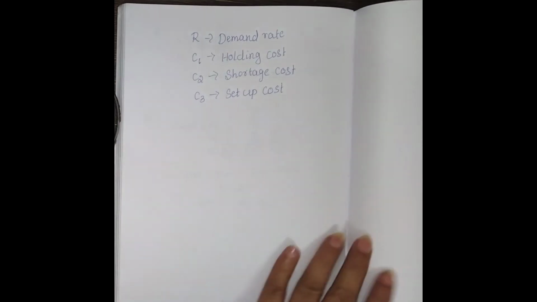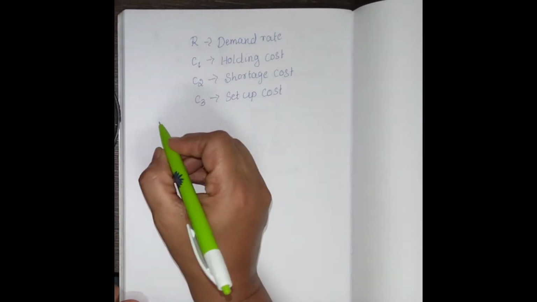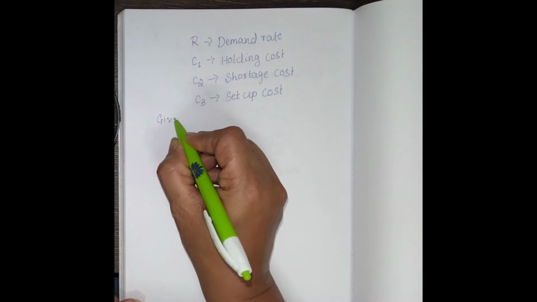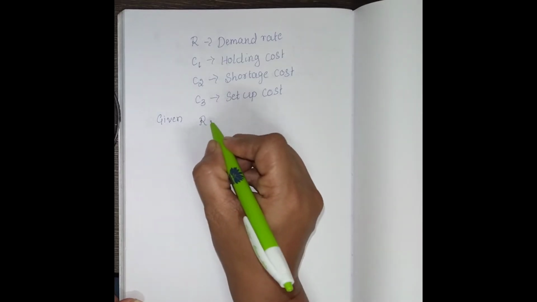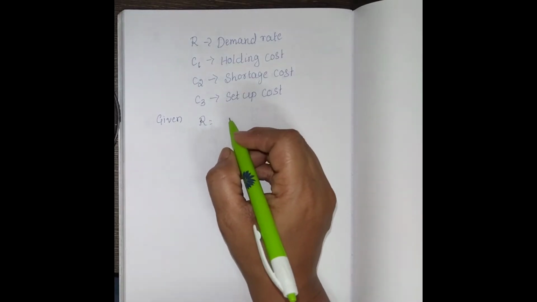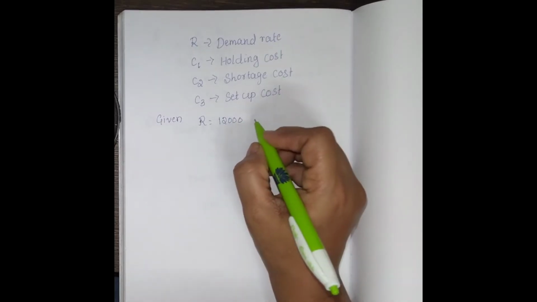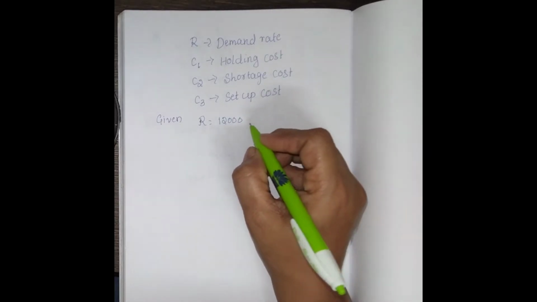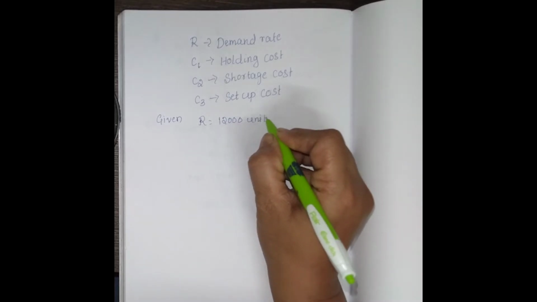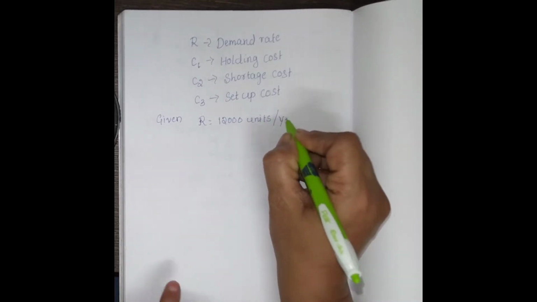What is given? Just I am writing here. First you have to write in the question R equals what is given, that is 12,000 units per year.